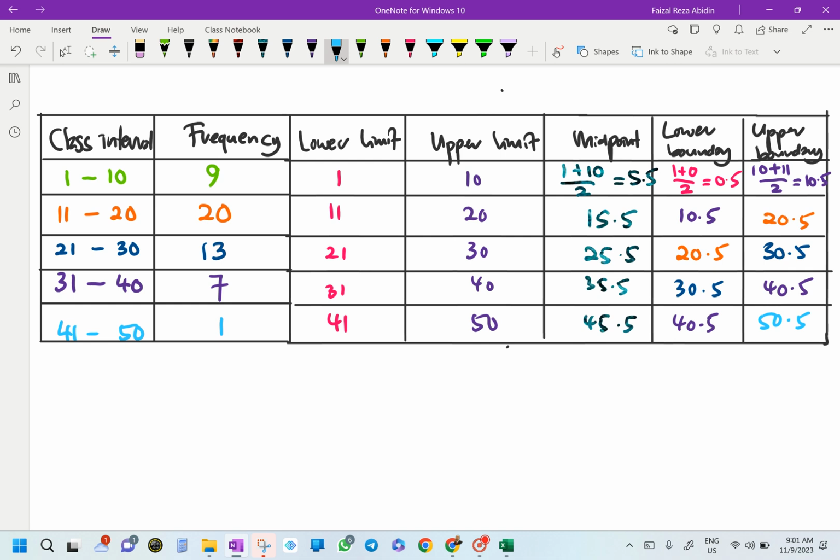We are going to accumulate. First you are going to get 9. Then for the second one, it's going to be 29, 9 plus 20. Next, you accumulate with 13, and until you get 50 at the last one. That's our cumulative frequency.